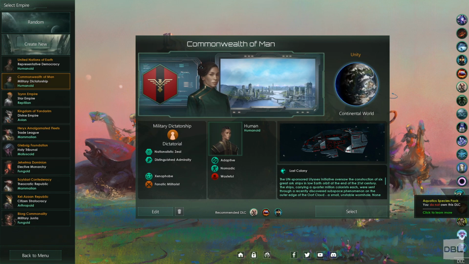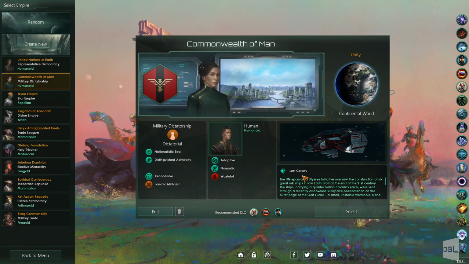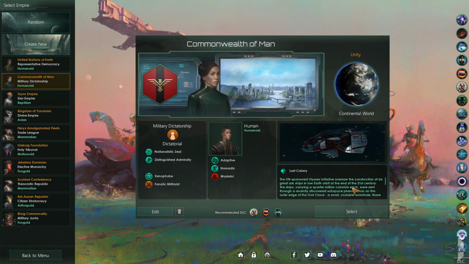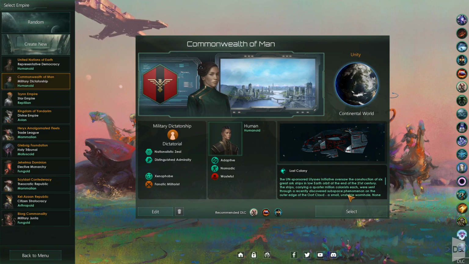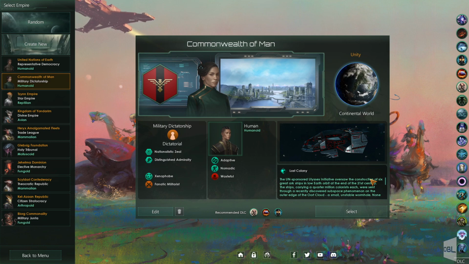Yeah, I forgot I clicked on United Nations of Earth. Lost Colony, the UN-sponsored Ulysses Initiative, oversaw the construction of 6 great arc ships in low Earth orbit at the end of the 21st century. The ships carrying 250,000 colonists each were sent through a recently discovered subspace phenomenon on the outer edge of the Oort cloud, a small unstable wormhole.